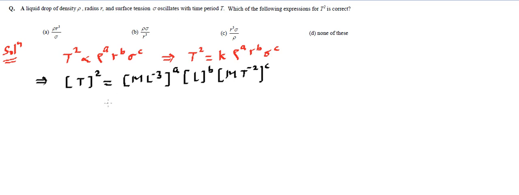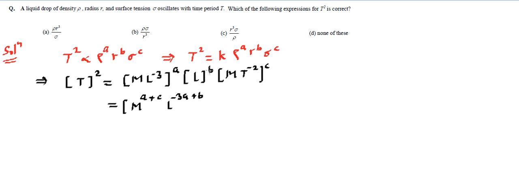Now let's carry on and simplify the right hand side dimensions. In totality we get M raised to power a from here and c from there, so a plus c. For L raised to power, we get minus 3a from the first plus b from the second. This was L raised to power minus 3, and when the power a comes in they get multiplied, so this becomes minus 3a.